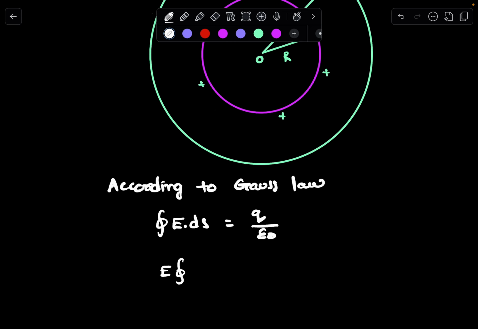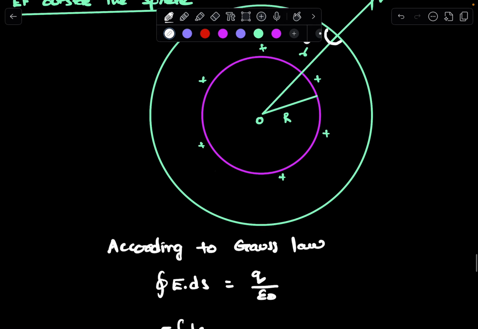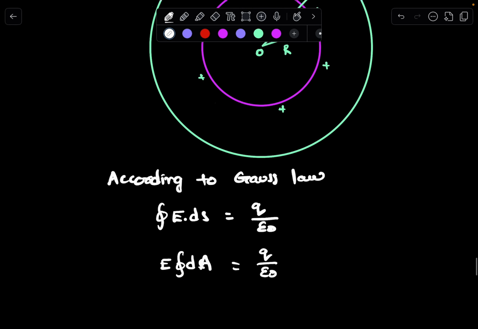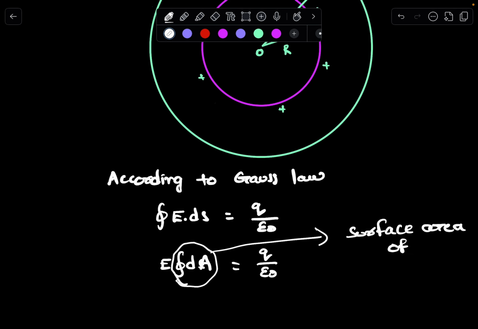E into closed integral dS or dA is equal to q by epsilon naught. Basically, this closed integral dA is nothing but the surface area of the Gaussian surface.